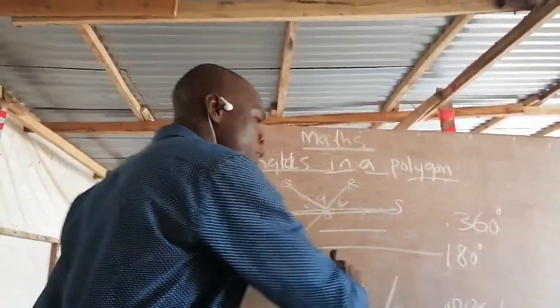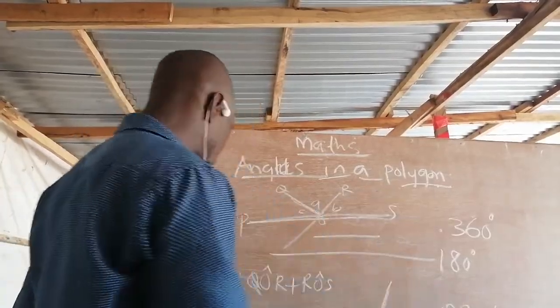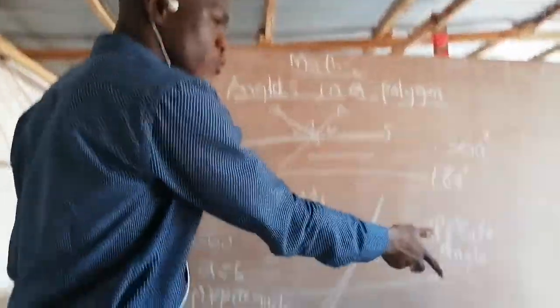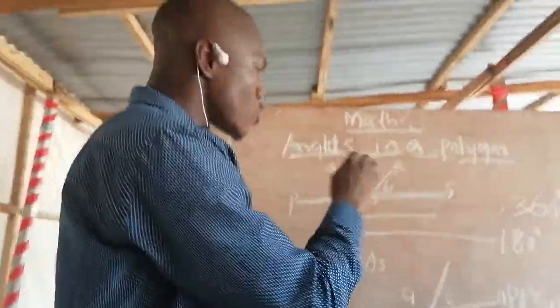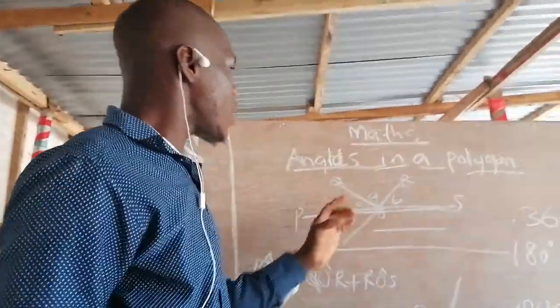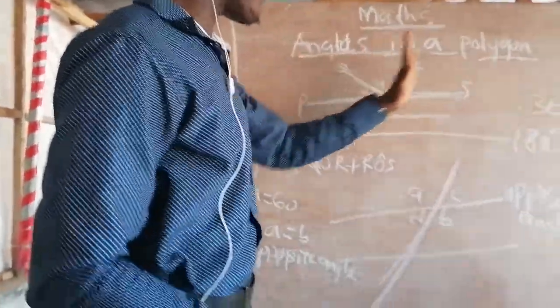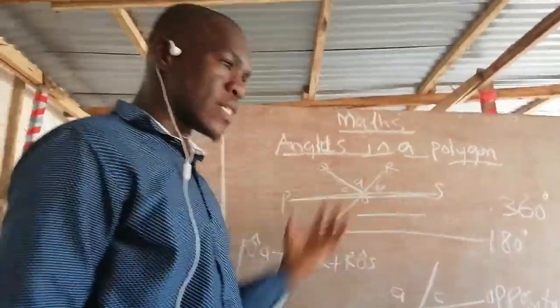So that's it. Angle on a straight line, angle in polygon. We will talk about angle on a straight line, opposite angle, isosceles triangle, quadrilateral, and so on and so forth. You must understand that that's what we are going to do in this term. But today I will go further on angle in polygon. Yesterday we did this. I just bring this one as a revision.